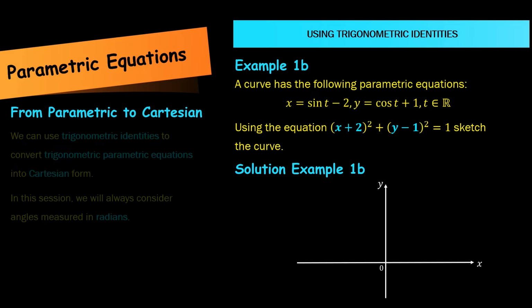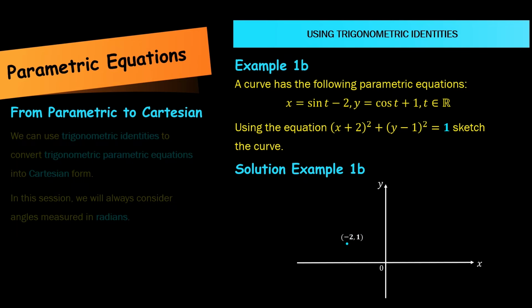Since we have x plus 2 all squared, we know that the x-coordinate of the centre of the circle is x equals minus 2. Since we're adding to that y minus 1 all squared, we know that the y-coordinate of the centre of the circle is y equals 1. Therefore, the centre of the circle is at minus 2, 1, as shown.